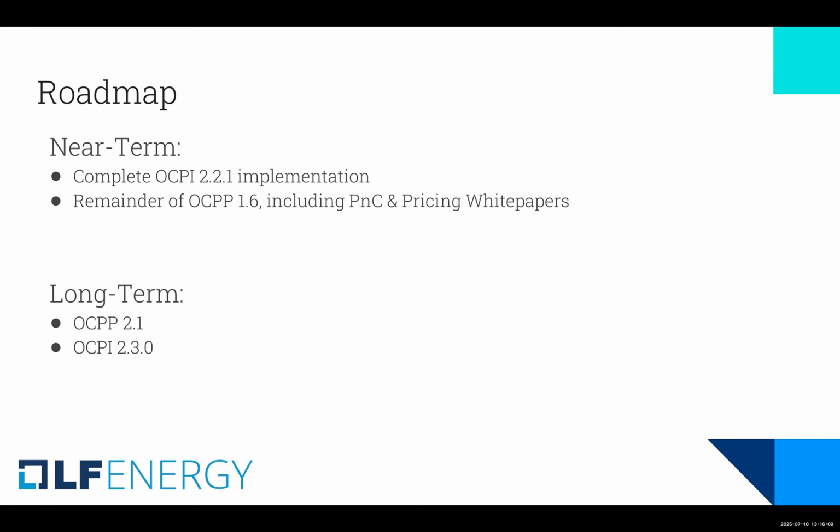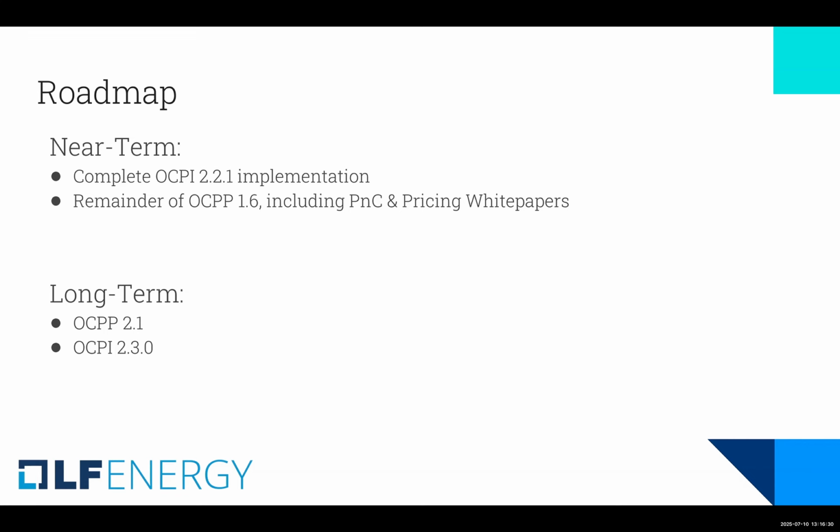ISO 15118-2 was what was supported in OCPP 2.0.1. And in OCPP 2.1, they are going to be adding messages to support ISO 15118-20, which has additional messages and functionalities mostly related to vehicle-to-grid charging.